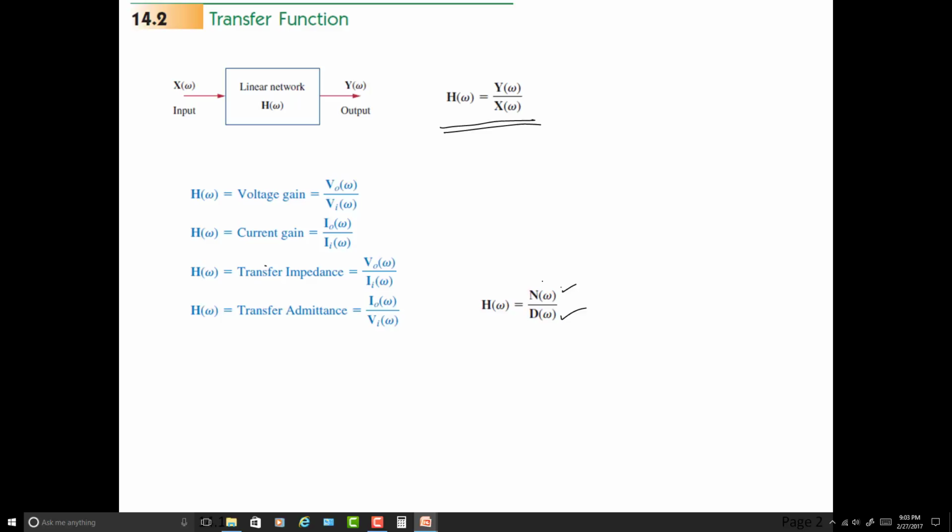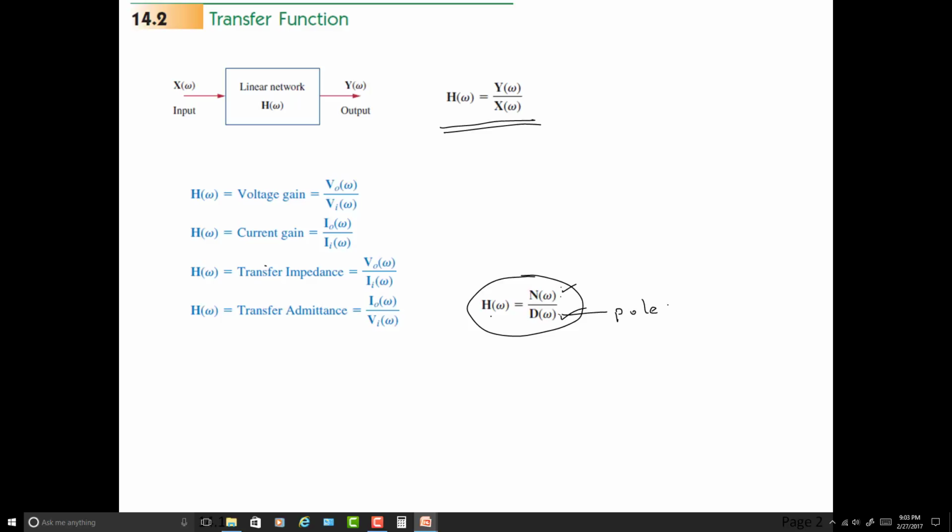The thing to notice here is if I have a function like this that captures a numerator and a denominator, both as functions of omega, the transfer function, if I try to plot it, is going to have zeros any place the numerator equals 0, and something we call poles every time the denominator equals 0.